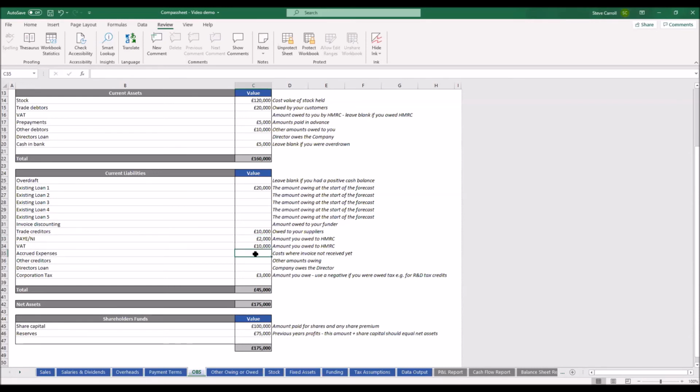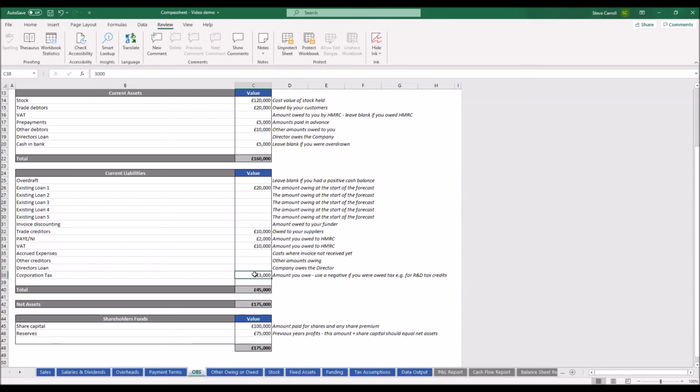Accrued expenses are amounts where you've not received the invoice yet, so you might owe a supplier an amount, but you've not received the invoice. Other creditors are other amounts owing. Director's loan is where the company owes the director the money.